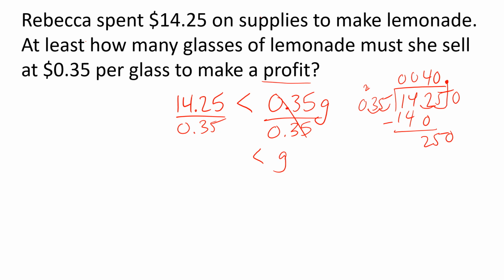How about 7? 7, 5, 3, 21, 245. Okay, that's good enough. It's about 40.7. So G needs to be 41. So at least how many? At least 41 glasses.